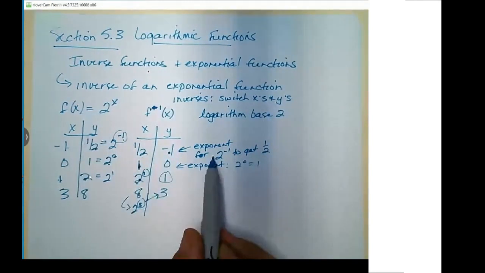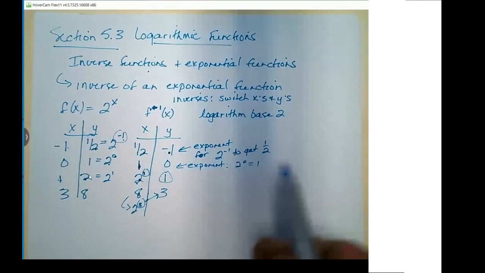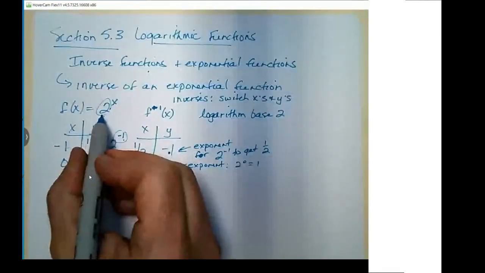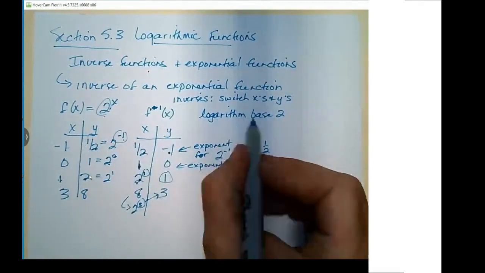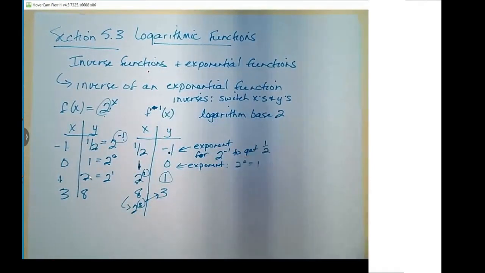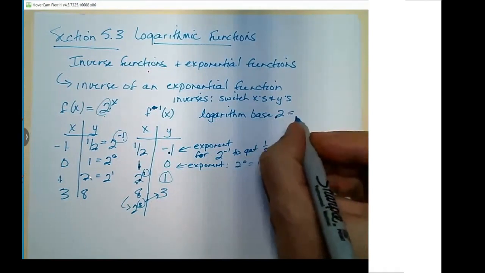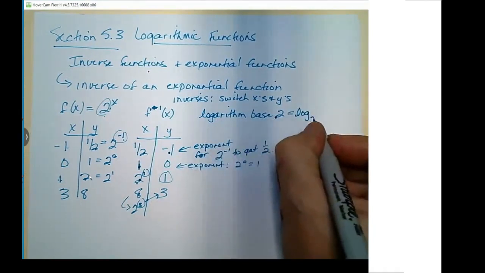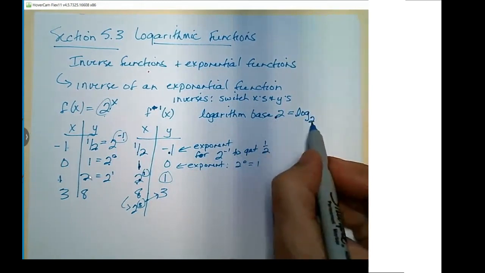That's how we're figuring out our exponents over here. So if we had a base of 2 in our exponential function, then our inverse function is going to be a logarithm with a base of 2. And the way we write that in math shorthand is we just write it as log, and then our base is a little subscript right here.